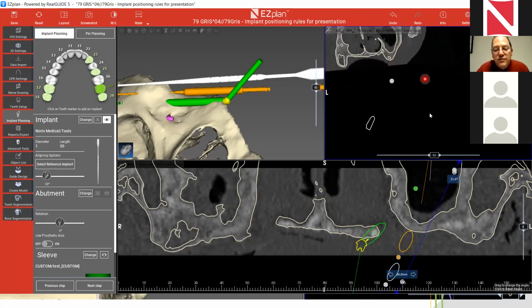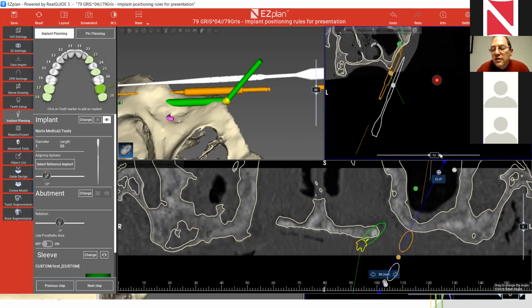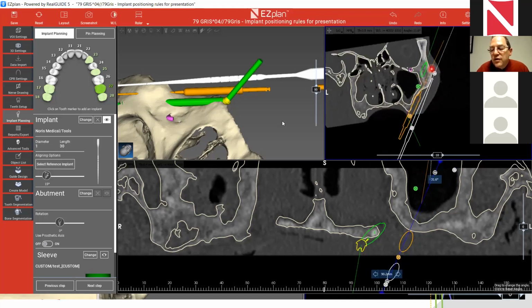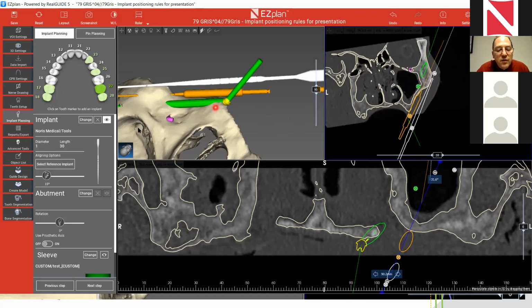And now, if you look, you'll see that the implant position is correct. That's where we want the implant to be. This is the distance we want to have. We are not colliding because we have a distance here. And when I put the implant alive again, we'll see that this is exactly what we planned.